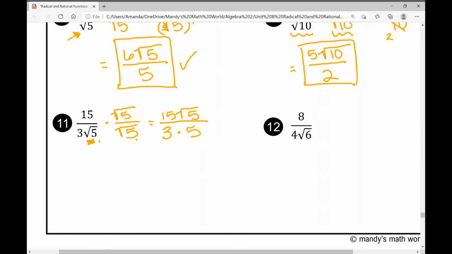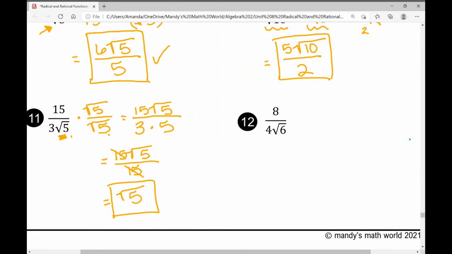So now I'm going to rewrite it again. 15 root 5 divided by 3 times 5 is 15. So what can I do at this point? I can simplify the 15s. 15 over 15 is just 1, which is 1 times the square root of 5. Well, that's just the square root of 5 over 1, so I can just write it as the square root of 5. So let's move on to number 12.